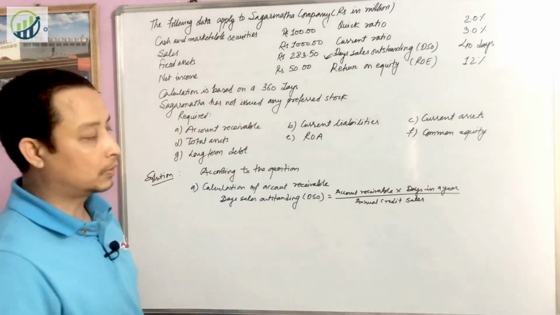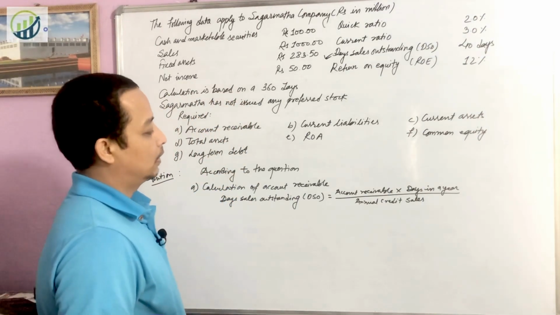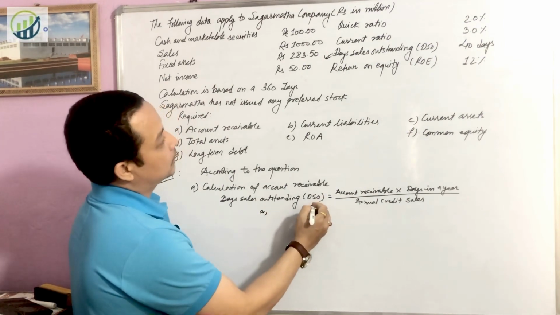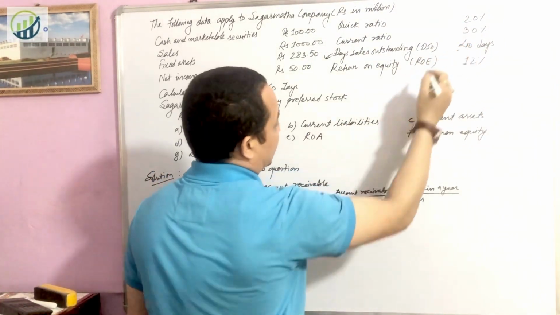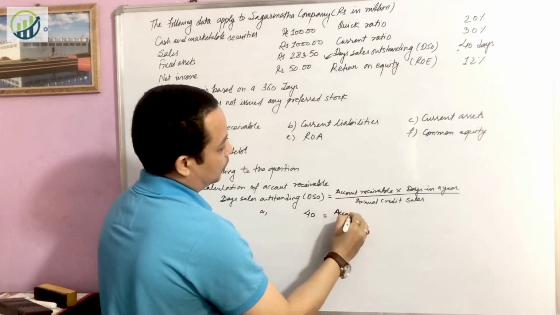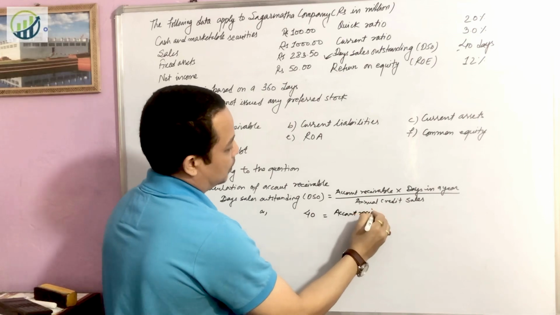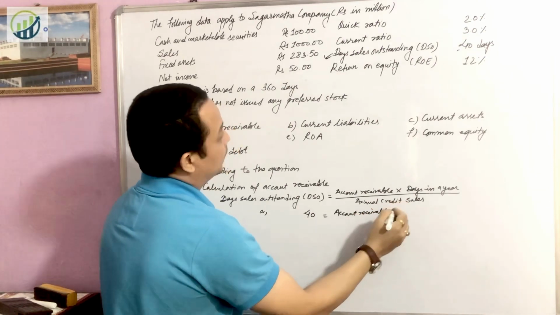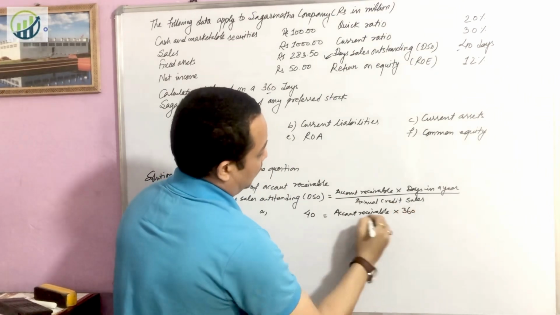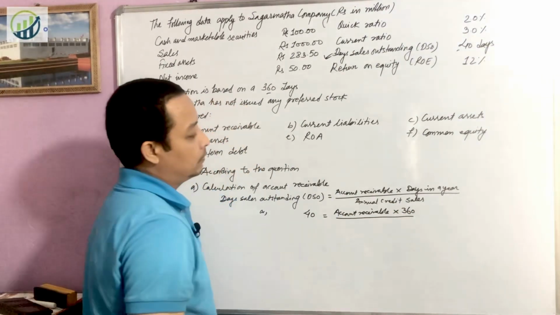So this is your formula for calculating days sales outstanding, and days sales outstanding is given here as 40 days. Accounts receivable, you don't know, you have to find it, into days in a year 360 days, and divided by annual credit sales.